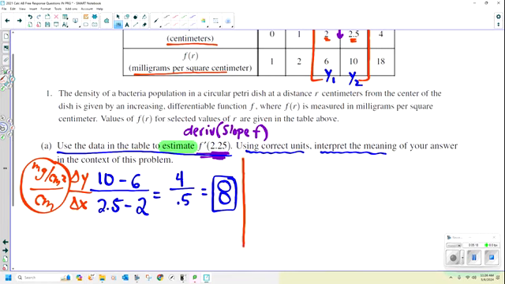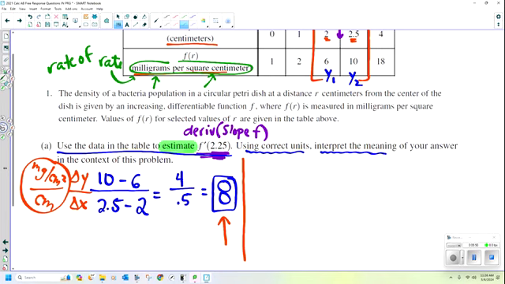Now, let's interpret what this means. Well, since my rate is positive, it's going to be increasing. This is a positive 8. So it's going to be increasing. So what I'm going to say is the rate that they give us, because this is a rate, it is a unit per another value, per centimeter, okay? That rate is increasing. So the rate of the rate here is increasing.